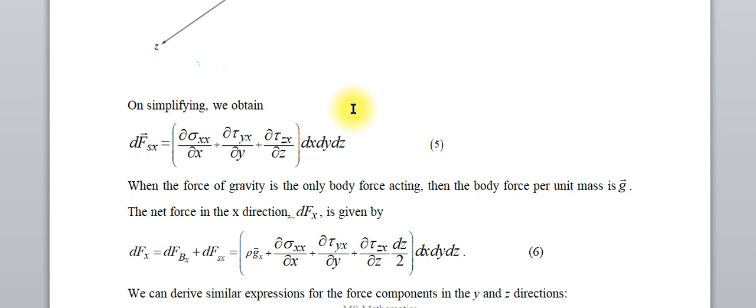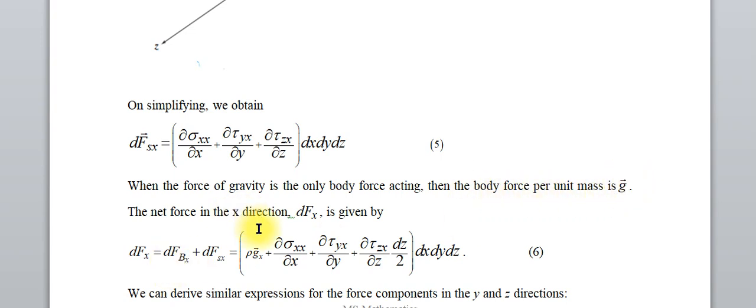As I have mentioned, this is only the surface force, but we will also have the body force in the x direction, because I am discussing this in component form: x direction, y direction, and z direction. When the force of gravity is the only body force acting, then the body force per unit mass is g.